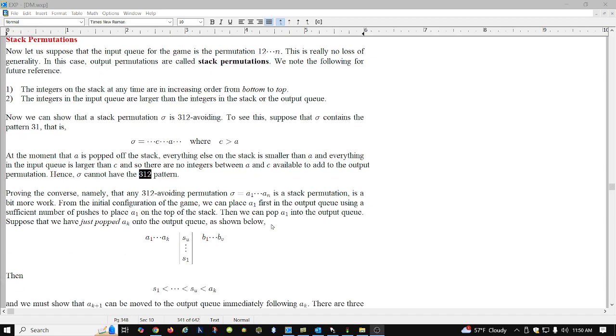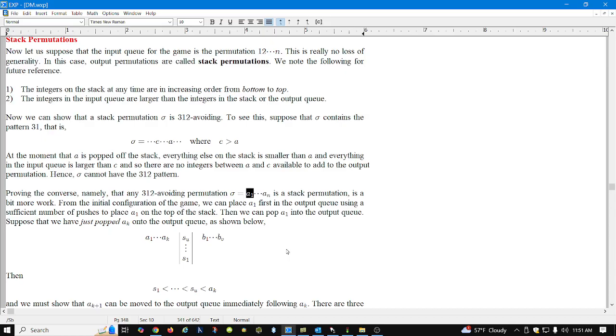Well, from the initial configuration of the game, we can place A1, that's the first element in sigma, to be first on the output queue. All we have to do is start pushing integers from the input queue onto the stack until A1 appears at the top of the stack.